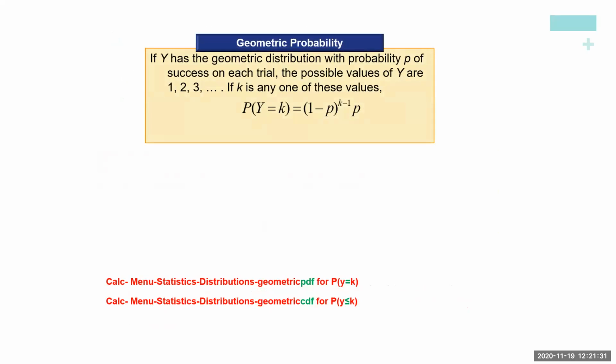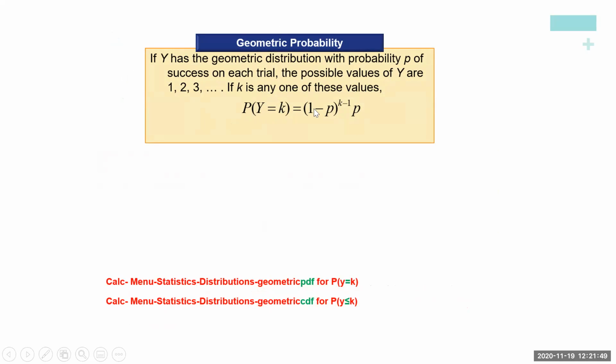So if y has a geometric distribution with probability p of success on each trial, the possible values of y are 1, 2, 3, etc. And here's a formula that we can use to find the geometric distribution when we're looking for the probability of y equaling a certain value.